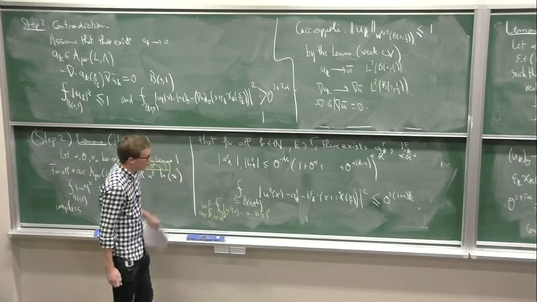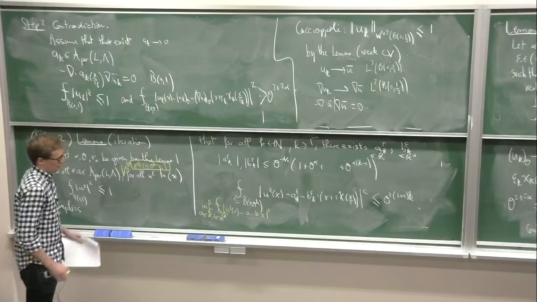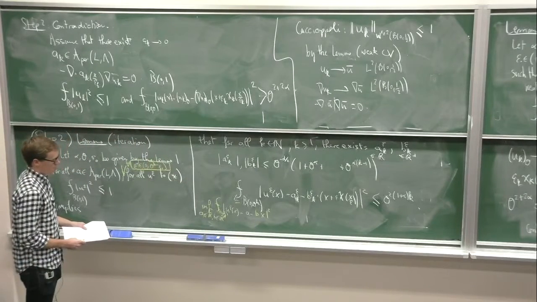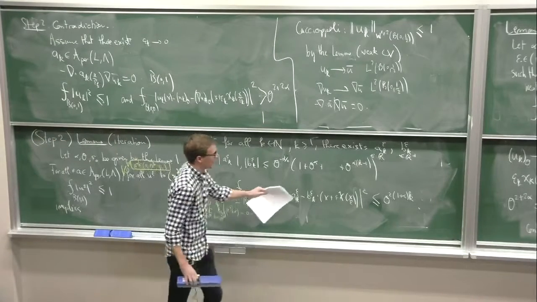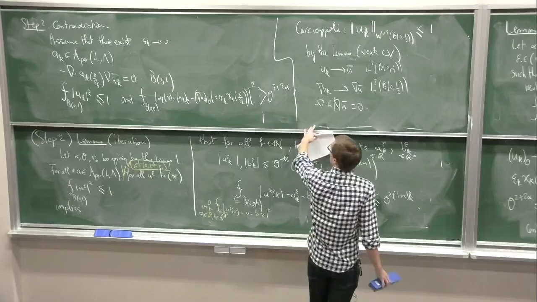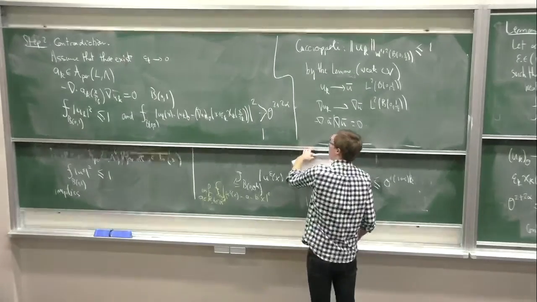Okay, so if you don't like the A_epsilon_k and B_epsilon_k, the iteration.